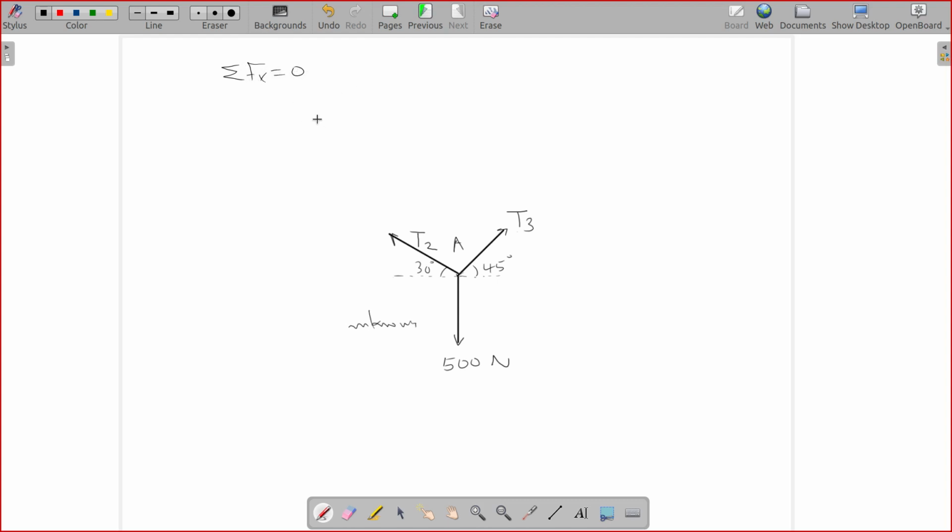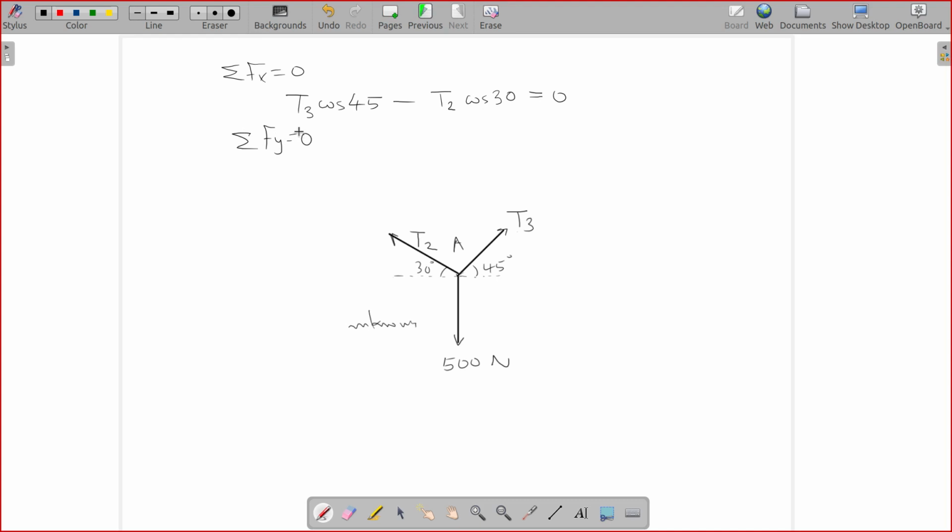Net force in x direction should be 0, which means T3 cos 45 is acting towards right, so that's positive. And you also have T2 cos 30, which is acting towards left, so that is negative. That should be equal to 0.